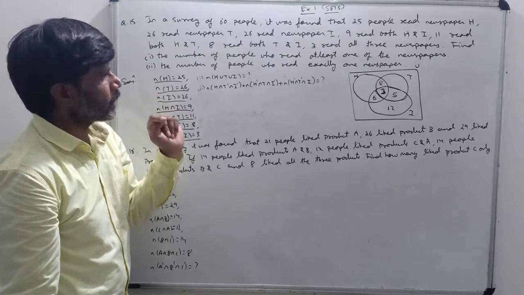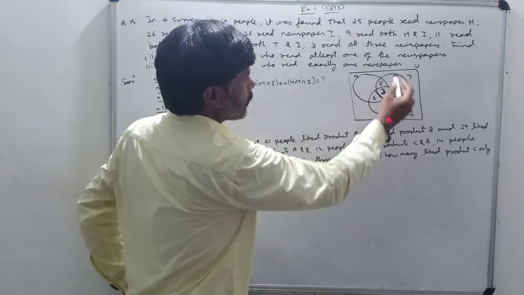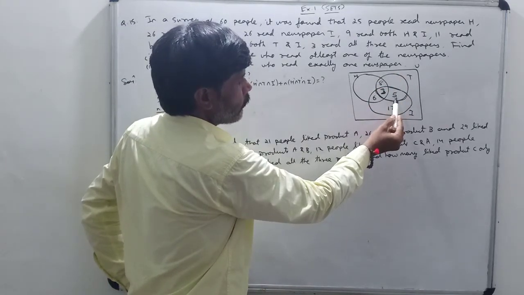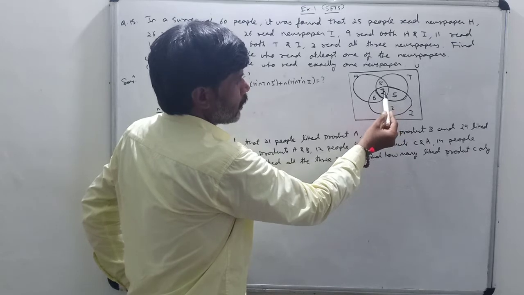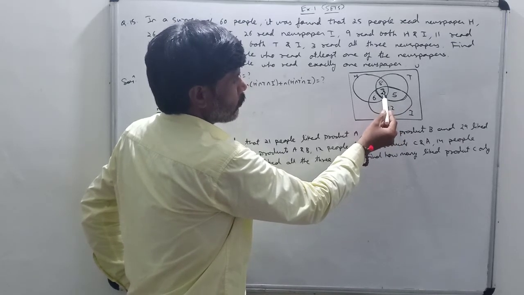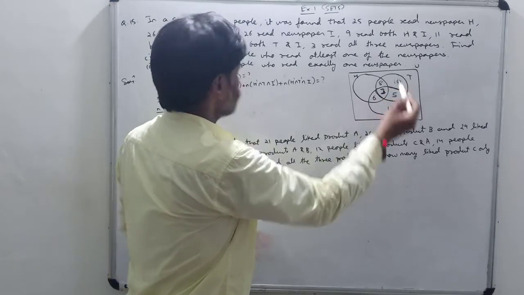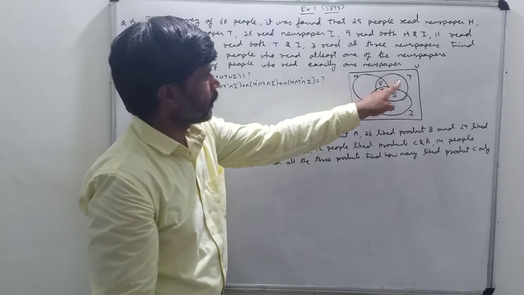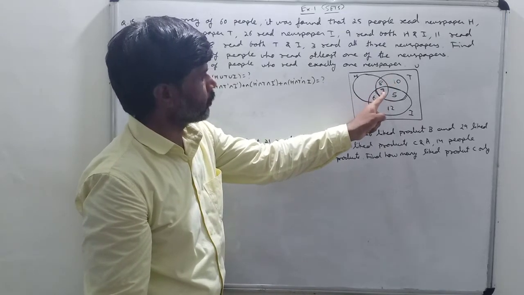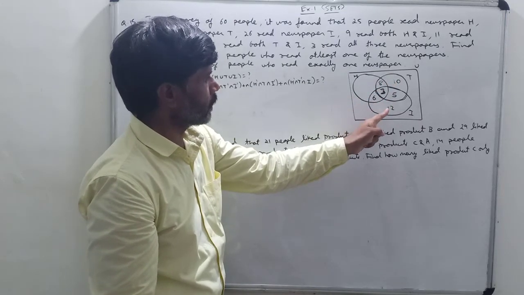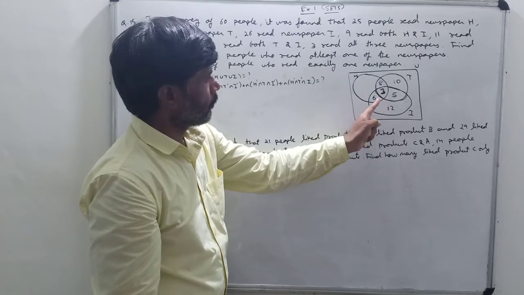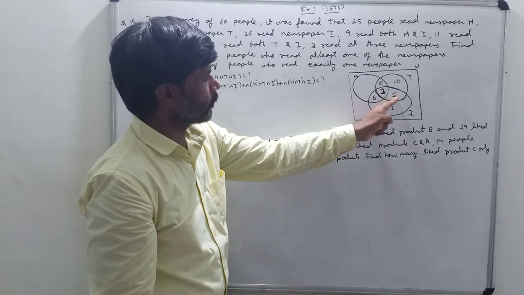Then T is 26. 26 minus 5, 21. 21 minus 3, 18. 18 minus 8, 10. The total should be how much? 26. Let us calculate. 10 plus 8, 18 plus 3, 21, plus 5, 26. Correct. Here also total should be 26. 12 plus 3, 15. 15 plus 5, 20, plus 6, 26.